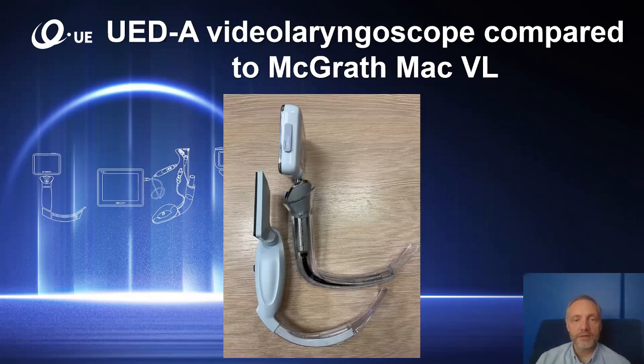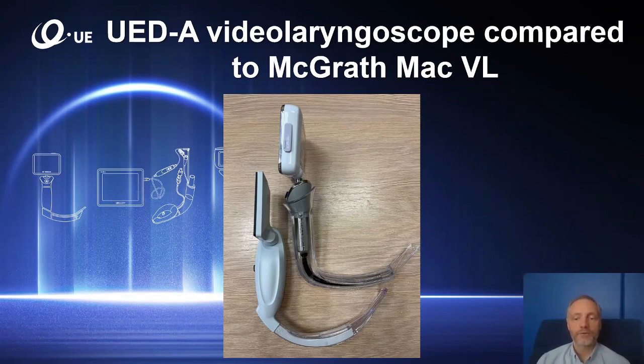On this slide, you can see the comparison of the UED-A video laryngoscope and another very popular and commonly used video laryngoscope, which is the McGrath-Mag. At first look, you can see that there is a difference in the shape of the blade. The UED video laryngoscope has a blade that is more similar to a typical Macintosh blade laryngoscope.